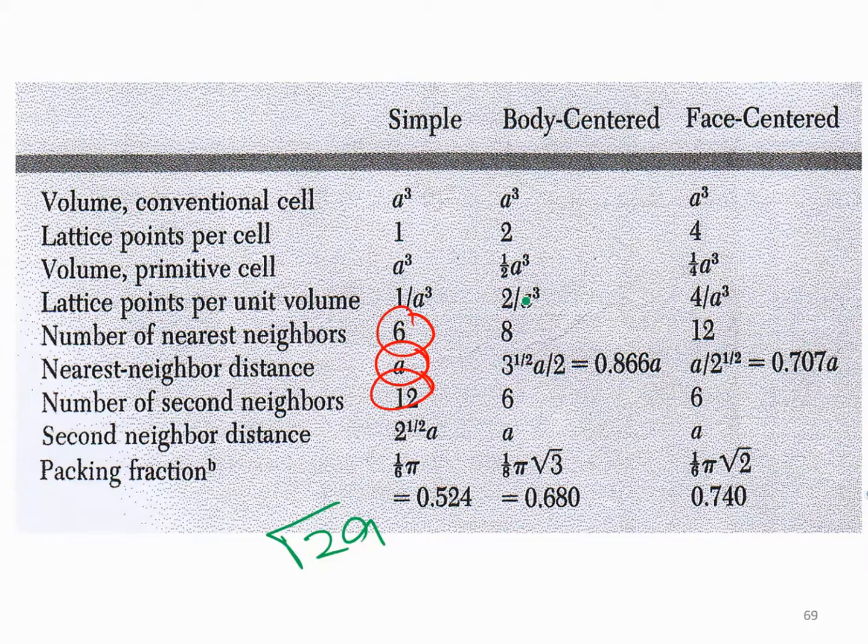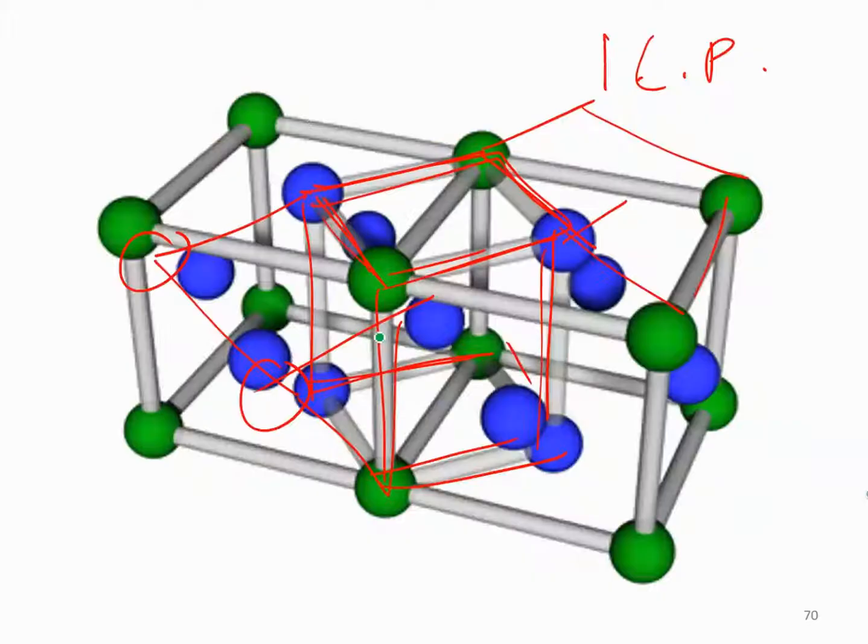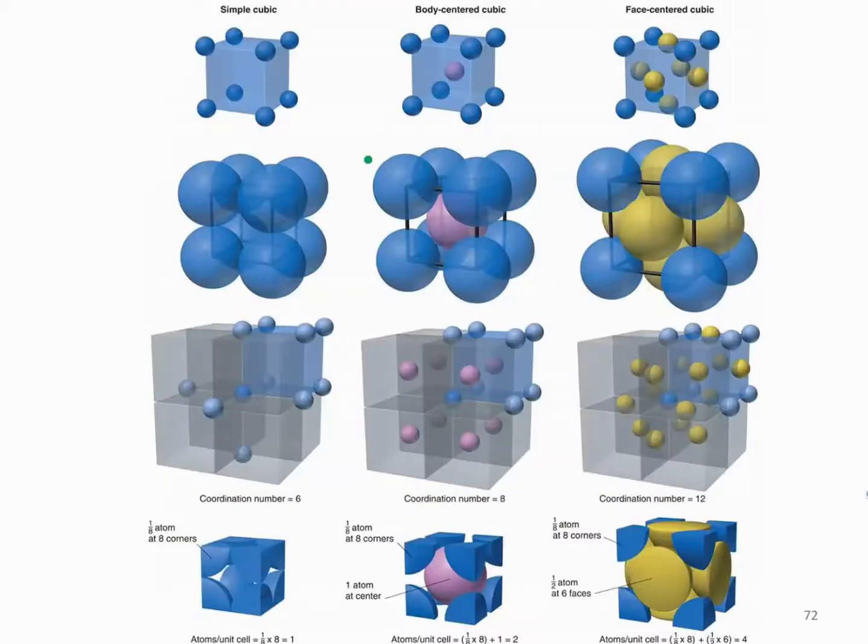Okay, how about body centered? For body centered, what is the number of nearest neighbors? This is the body centered.